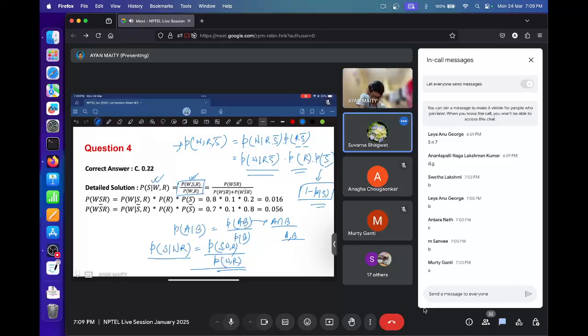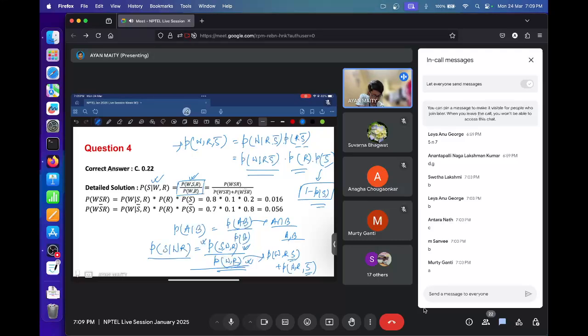So probability of SWR in the numerator, then probability of WR in the denominator. This denominator probability of WR can be rewritten using total probability considering all possible values of S. There are two possible values, and S is missing from this denominator WR, so we can introduce S by considering all possible values of S, then taking the sum of those probabilities: probability of WRS and probability of WRS complement.